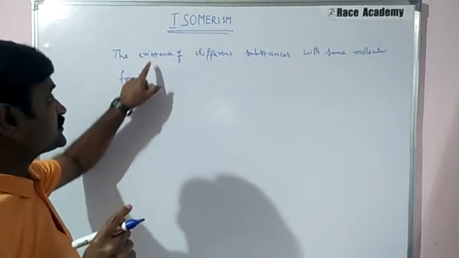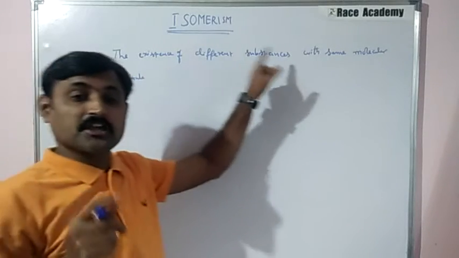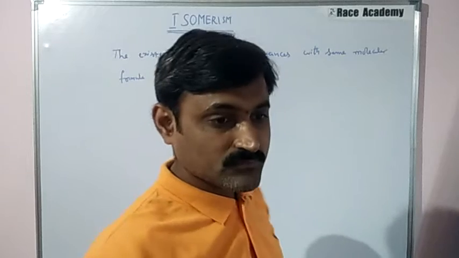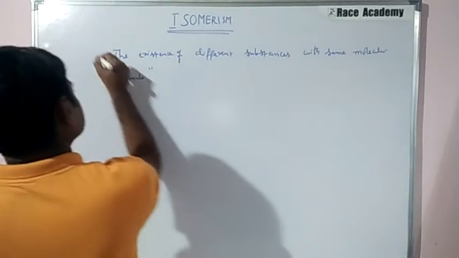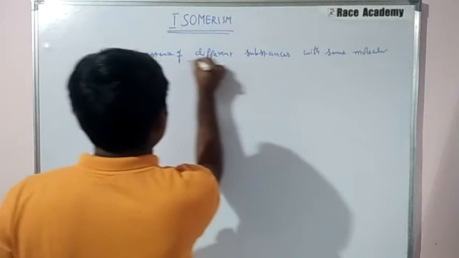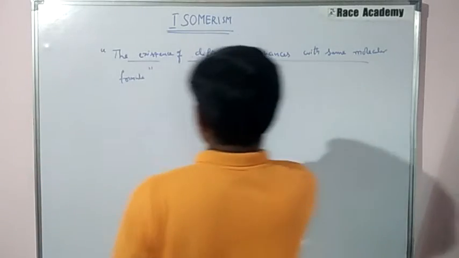The existence of different substances with the same molecular formula, which is called isomerism, which is the definition of isomerism.